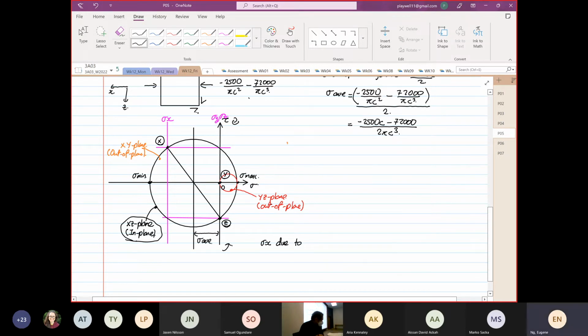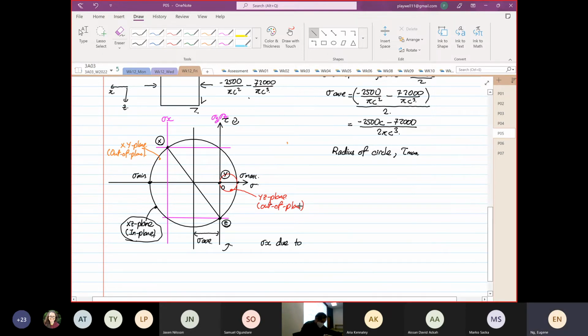Next, we're going to find the radius of the circle, which is equivalent to your tau max. Okay. So we also know this value, right? We are aware of what this value is.